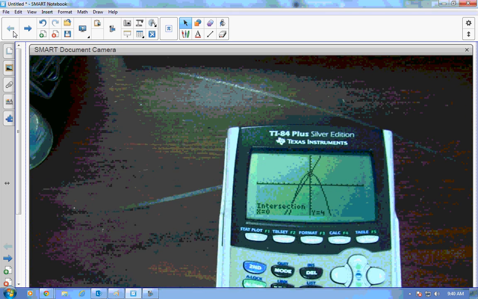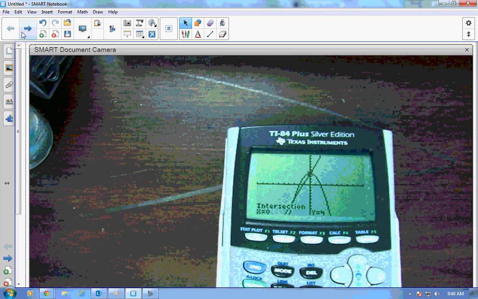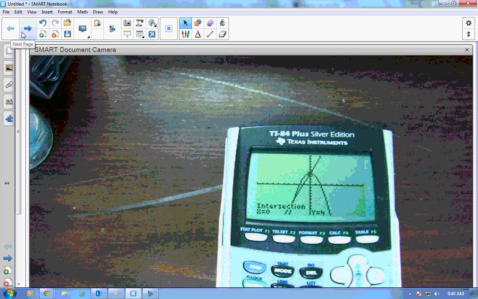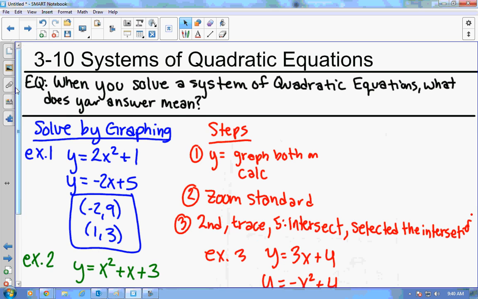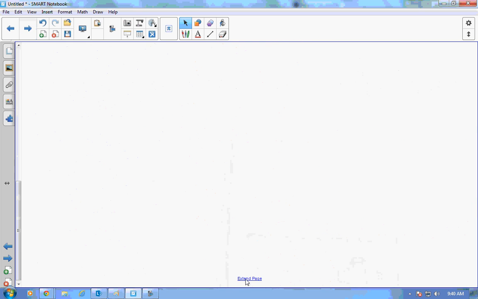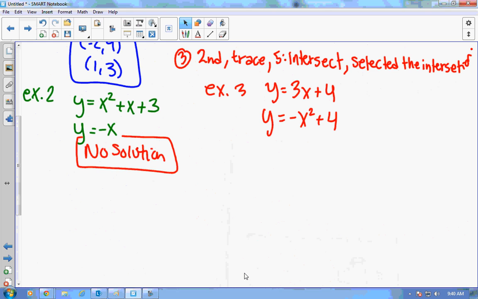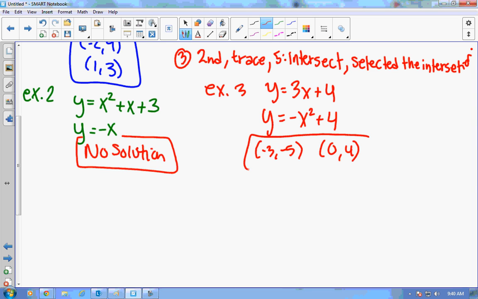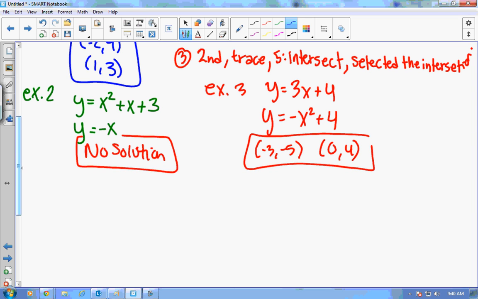So that's by graphing. Now we're going to do some other types of problems that actually involve some arithmetic. So negative 3, negative 5, and 0, 4. That's solving by graphing. Are there any questions on that?